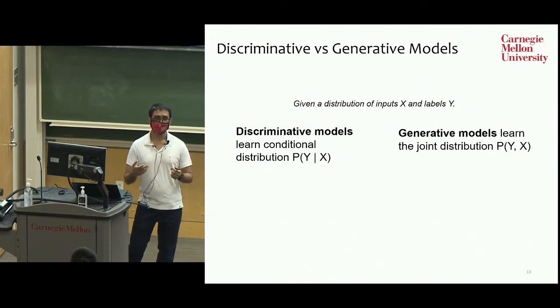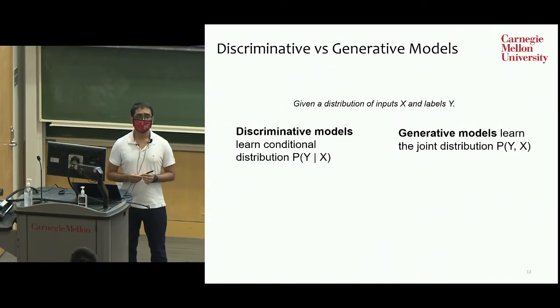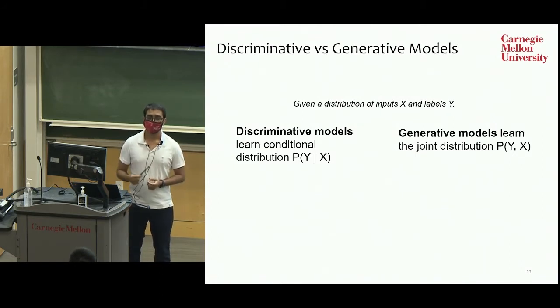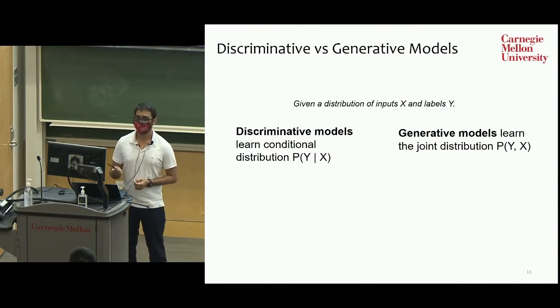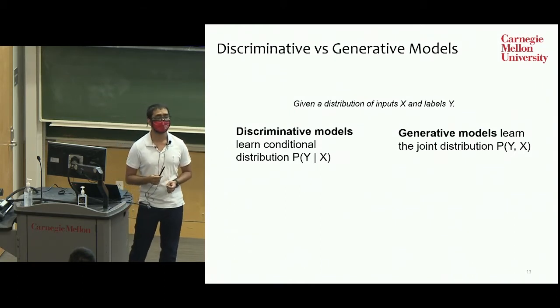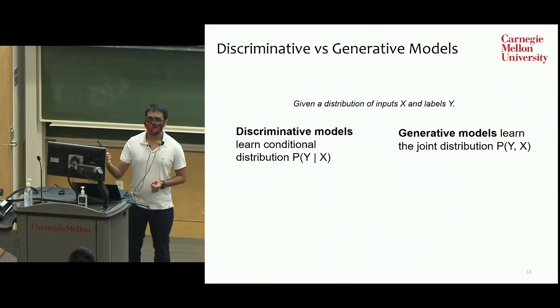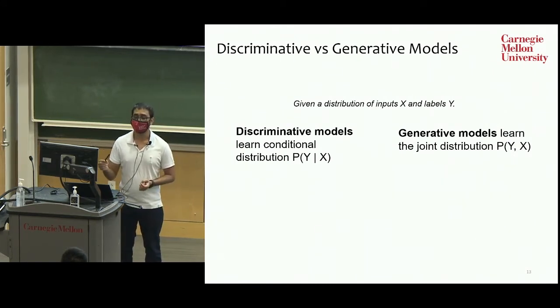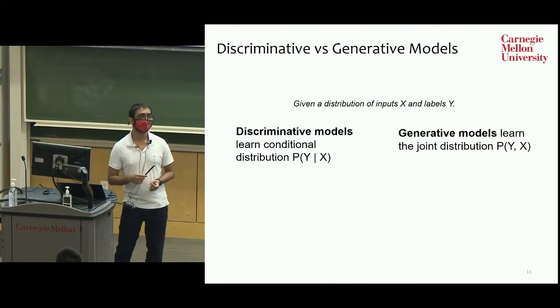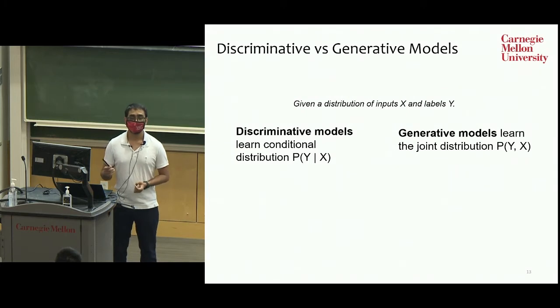Let's say, for example, for your homework 2, given input images, you were trying to predict what class is there. But when you learn a joint distribution, you have mapped input x to y, and you can now also map from y to x.